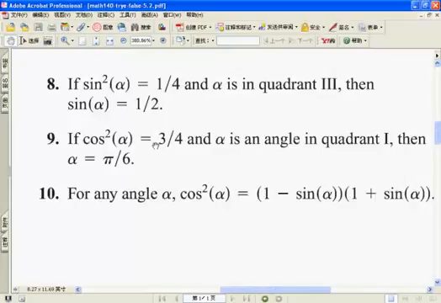Now number 9. Cosine square of alpha is equal to 3/4. Alpha is an angle in the quadrant 1, then alpha is equal to pi over 6.